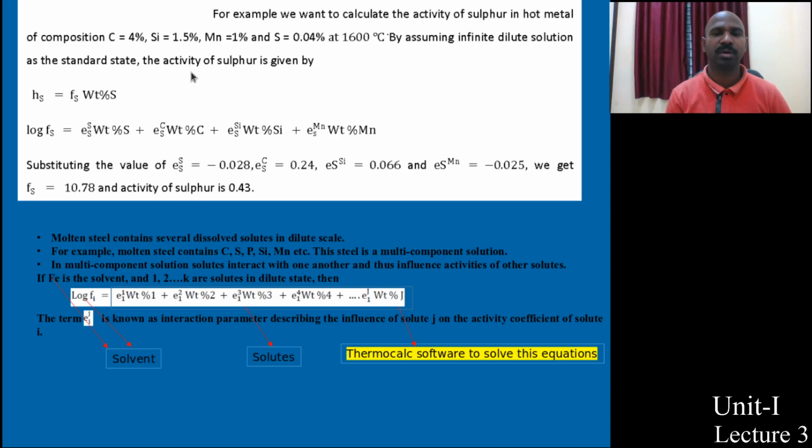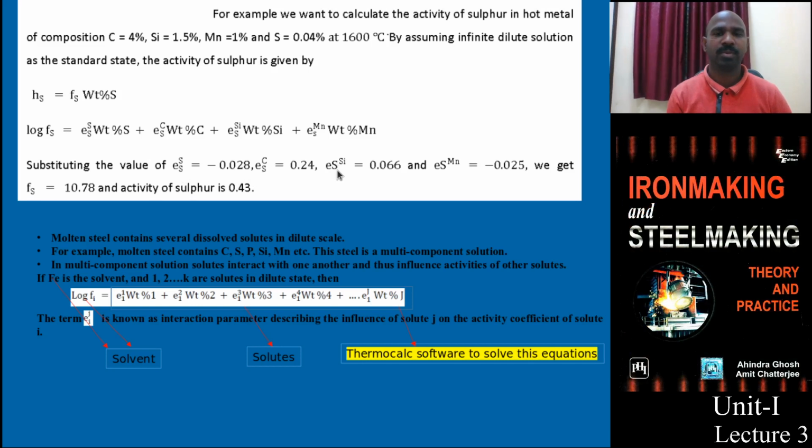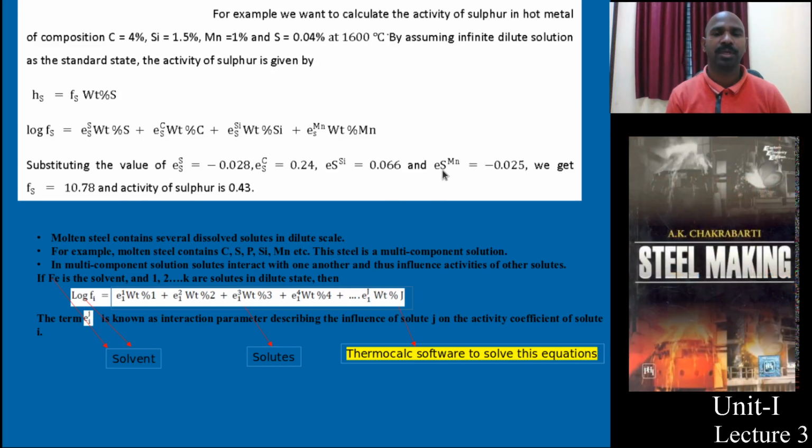This is the expression, which from the given data one can rewrite, and these exponent values are the interaction parameters of sulfur with sulfur, of sulfur with carbon, and sulfur with silicon. This is supposed to be a subscript, please make a note. This is also supposed to be a subscript, and sulfur reacts with manganese.